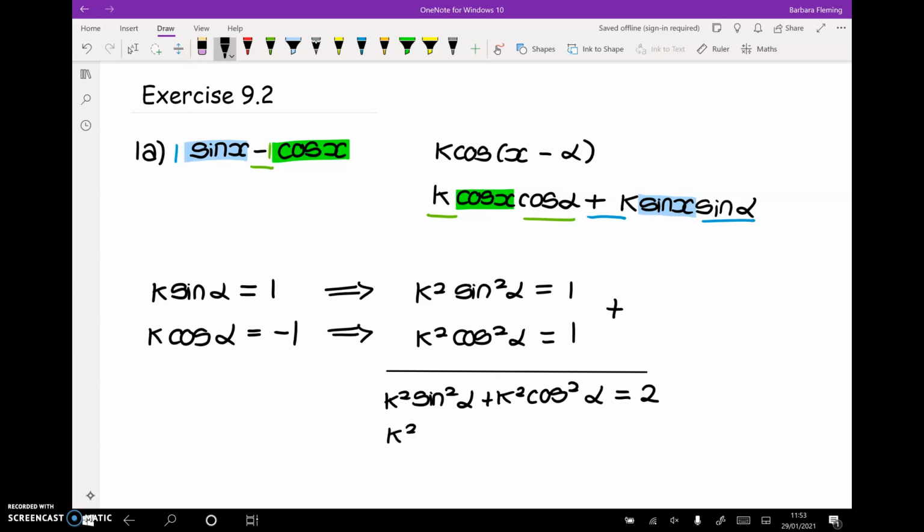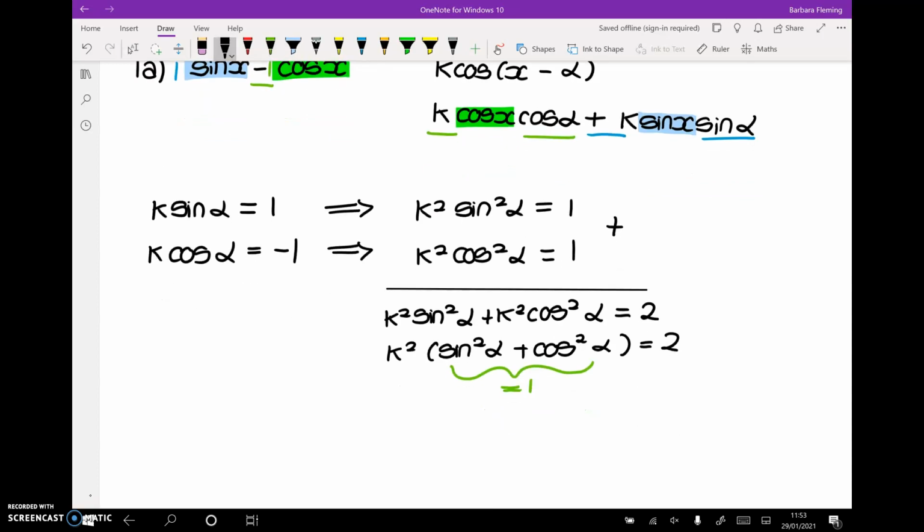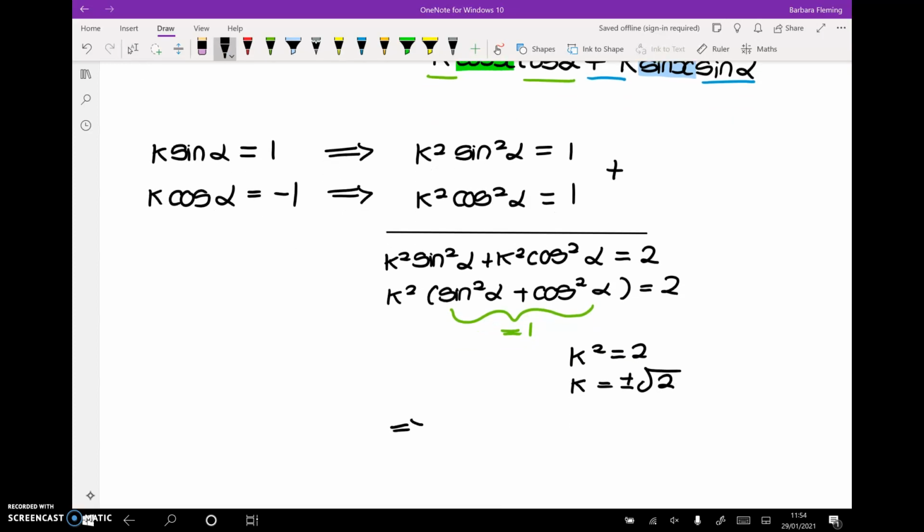Take out the common factor of k squared: k squared times sin squared alpha plus cos squared alpha equals 2. We know from your National 5 identities that sin squared alpha plus cos squared alpha equals 1. So k squared equals 2, and k is plus or minus root 2, but k is positive as we're told in the question. So k equals root 2, as k is greater than 0.